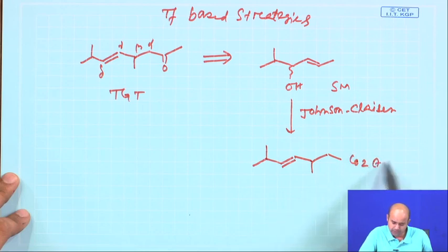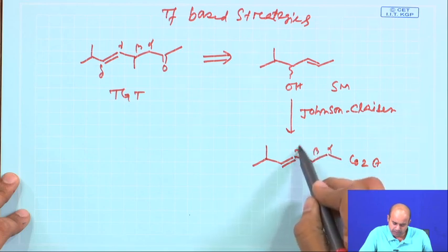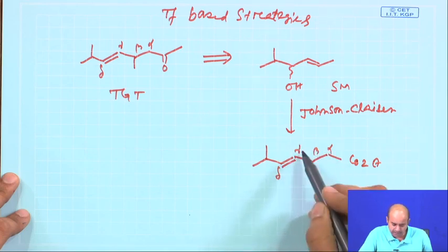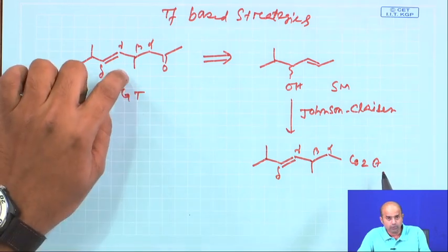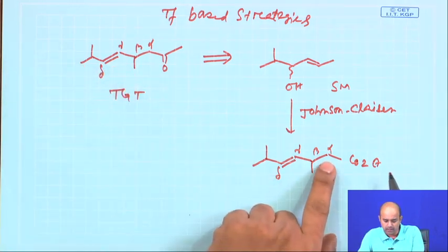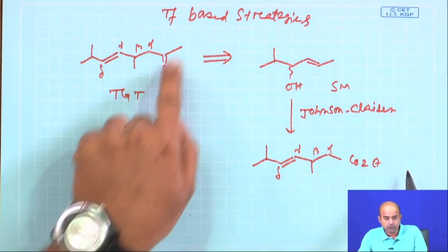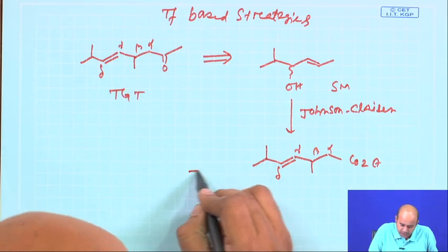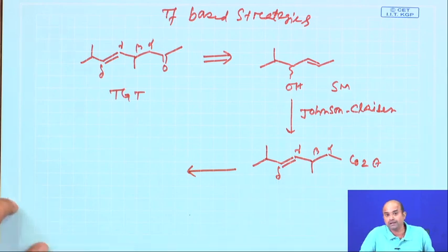So, now what is this? It is a gamma delta unsaturated ester. Now, try to correlate with this target molecule. The only thing is that you require an extra keto methyl group. Now, we said esters are highly reactive.